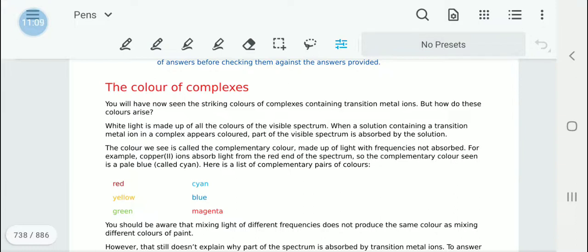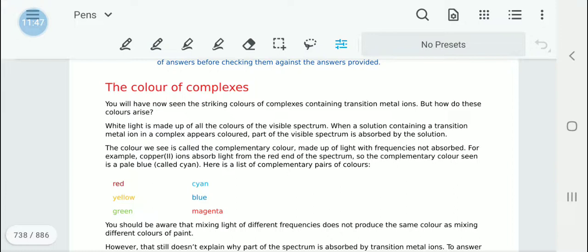We see a solution to be a certain color.